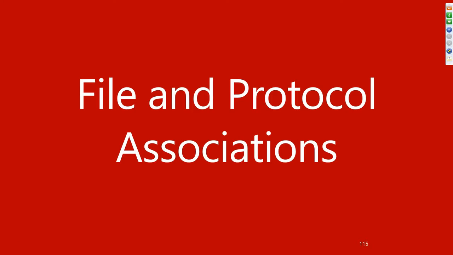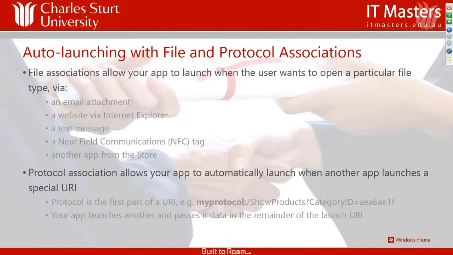We've also got the ability now to register file and protocol associations. So essentially we can now launch our application via either a file or a particular URI. So an example might be an email comes in with a custom file association. So it might be .randolph, in which case our application, which is already registered for that file type, will actually display a custom icon in the email.